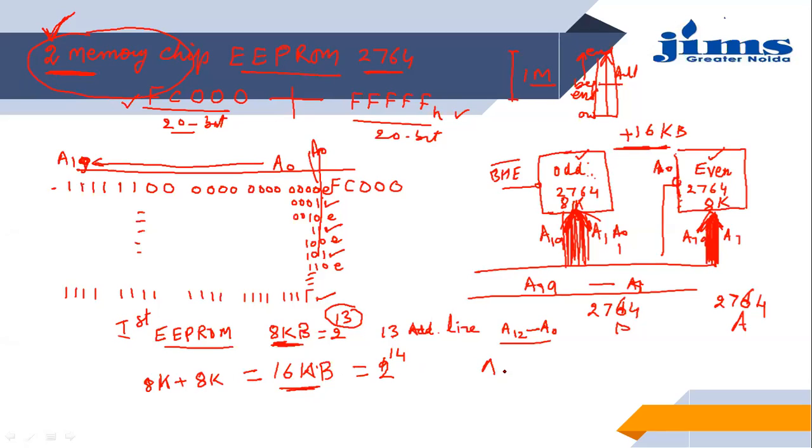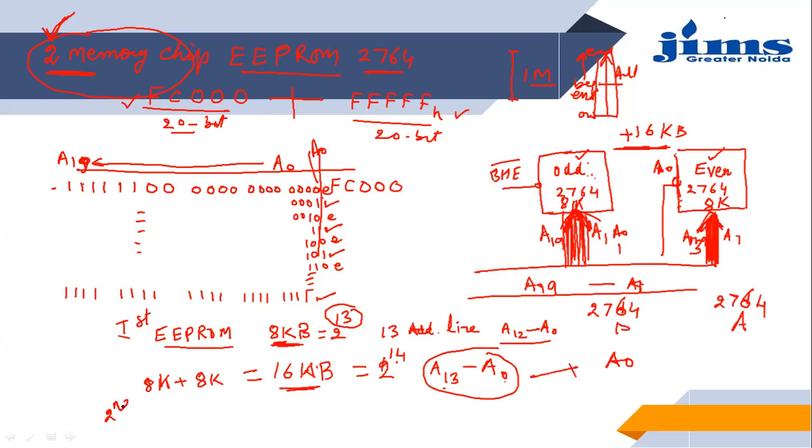So actually you require 14 address lines, A0 to A13. Out of these, one line, let me call it A0, is required to select this particular chip, and the other leftover 13 lines will come here, A1 to A13. Total 14 lines for both memories, and A0 of the 14 lines will be used for this memory location.